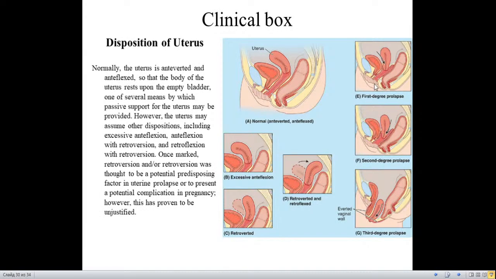Some more things related to the clinical significance of this topic.